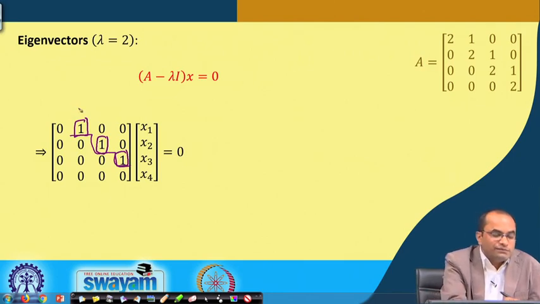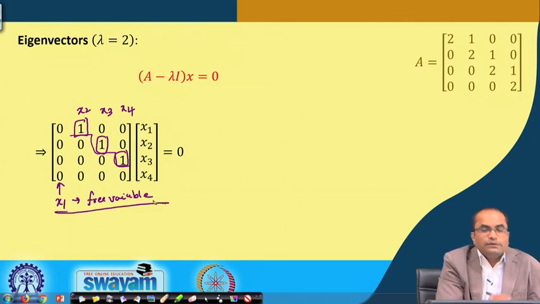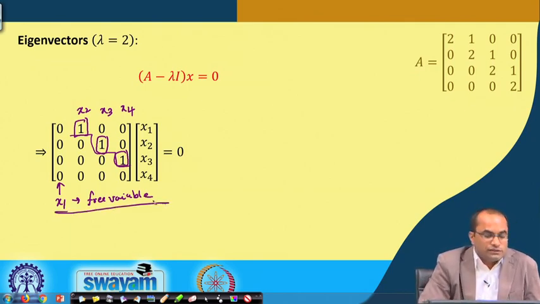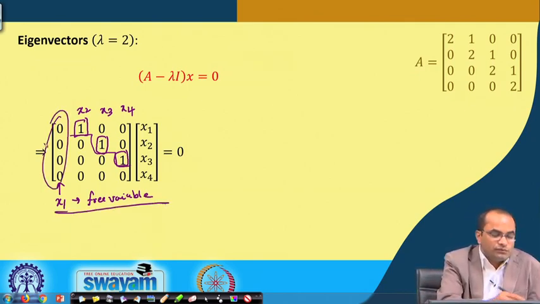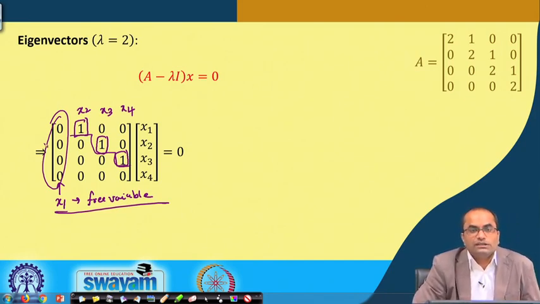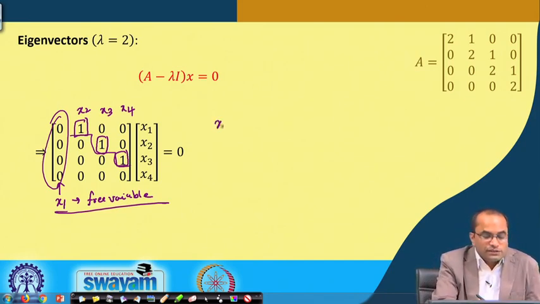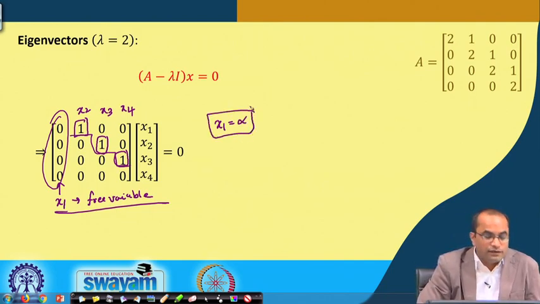So how many pivot elements are there? x 2 is a dependent variable, x 3 is a dependent variable, x 4 is a dependent variable, and here we have x 1, which we call the free variable. Our free variable is x 1, corresponding to column number 1, because we do not have a pivot in this column. So x 1 is taken as alpha, and now we can get the other variables.